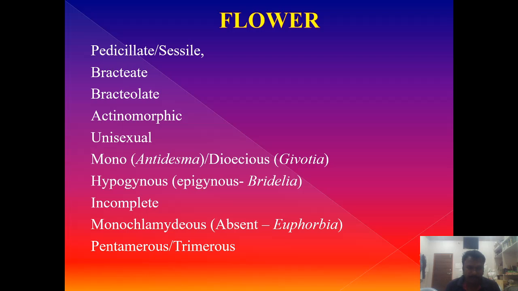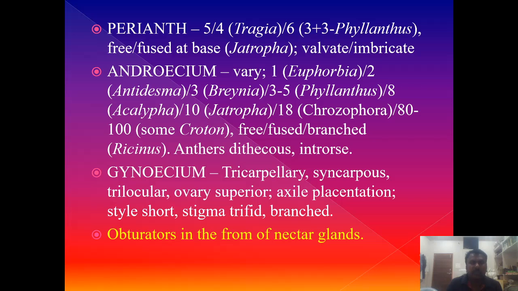In Euphorbia, tepals are absent, achlamydeous. They are pentamerous, rarely trimerous. The perianth is 5 or 4 in Tragia, 6 in Phyllanthus, that is a 3 plus 3 condition. They are fused or free in some species, valvate or imbricate in aestivation.